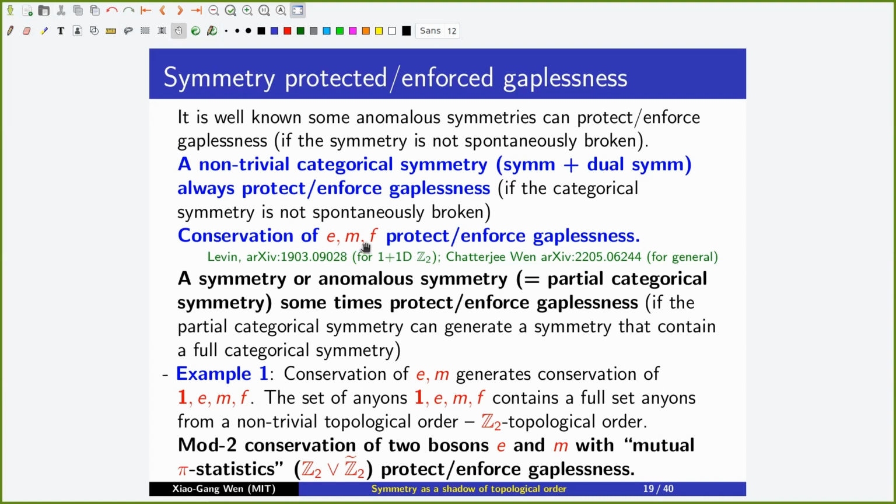Okay, what I mean by that is that the full categorical symmetry really is like an E, M, F, and this E, M, F forms a complete set of anyons in a topological order. That means a categorical symmetry contains all the anyons in a topological order. We have a so-called partial symmetry, which has a subset of anyons. We do not consider the full set.